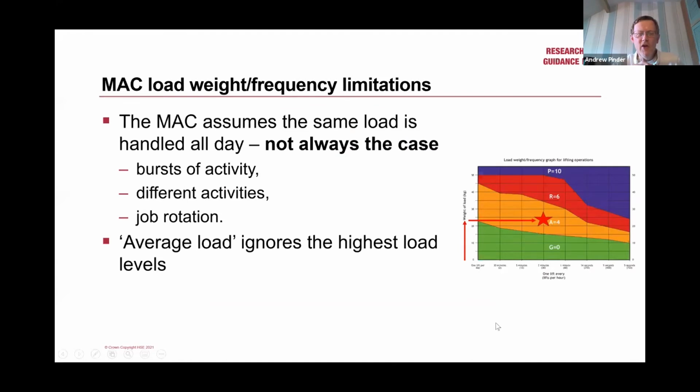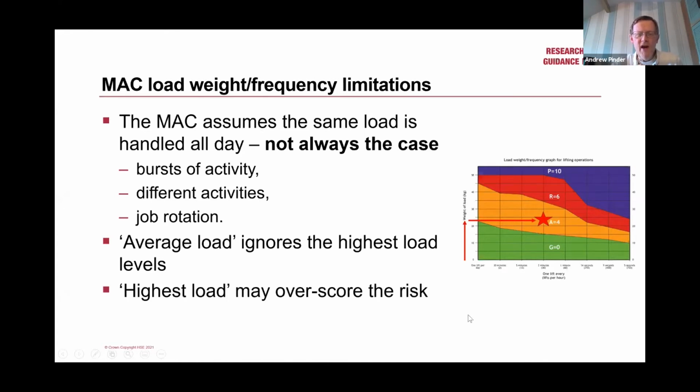If you're thinking about variable loads, you could take the average load, but that ignores the highest load levels, and those can be very heavy lifts that can be the most risky.